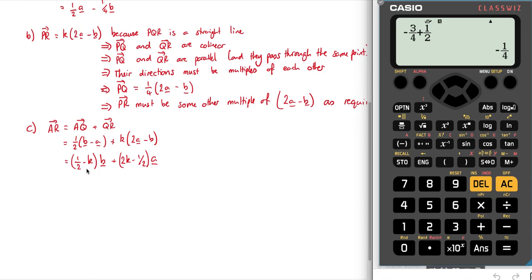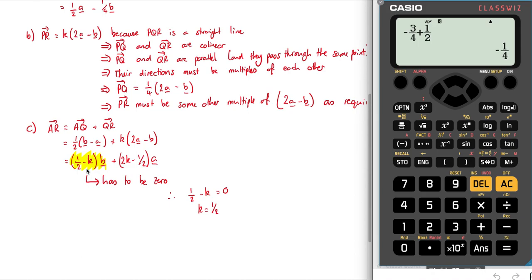So this highlighted component here has to be 0 so that the AR points in the correct horizontal direction. So half minus K is 0, because we're only looking at coefficients here. So K is a half.